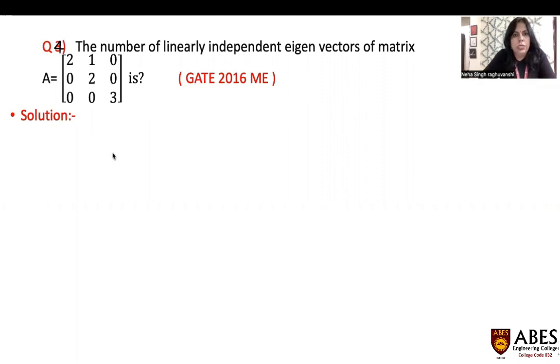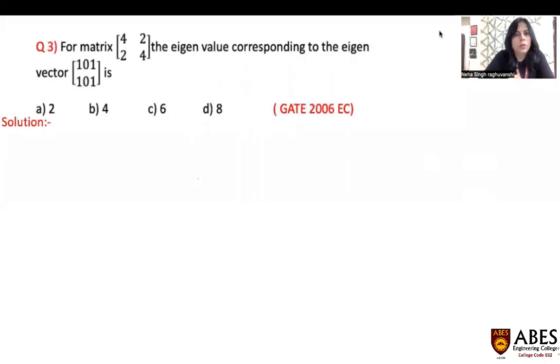Let's see this question. In this question, I am going to write an equation having 3 factors: matrix, eigenvalues and eigenvector.